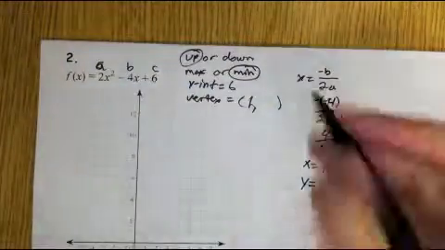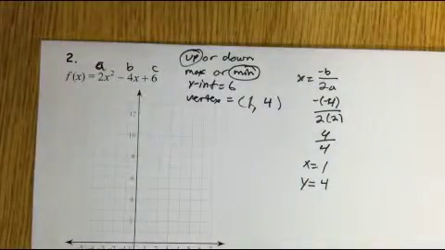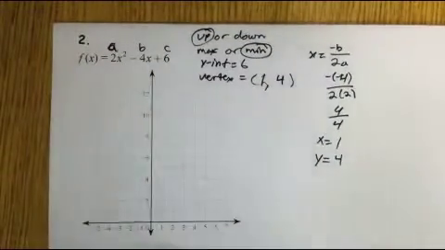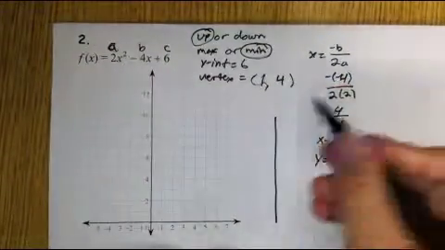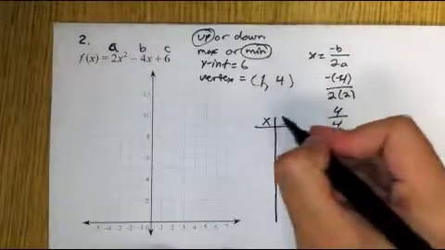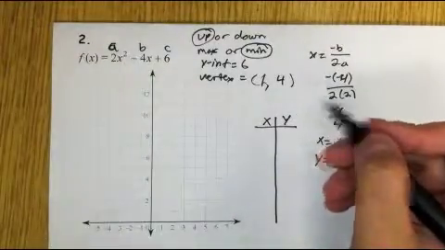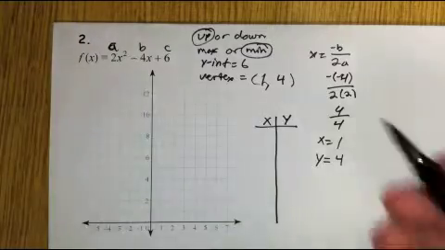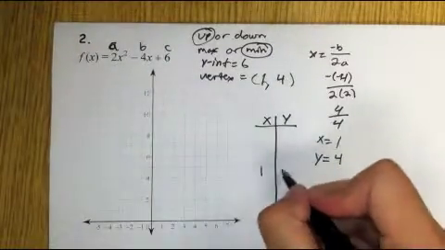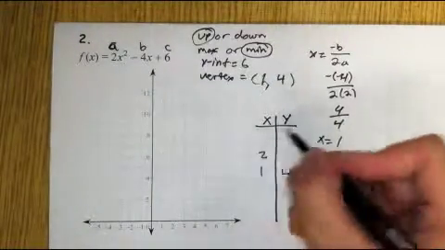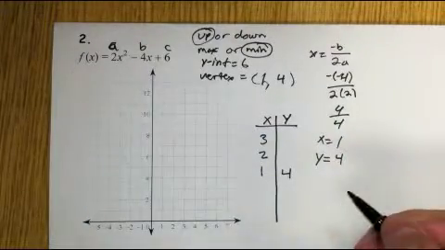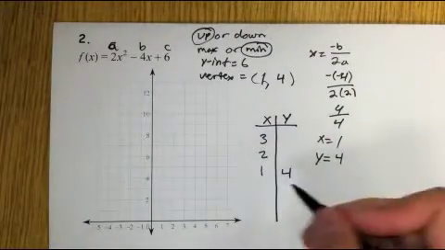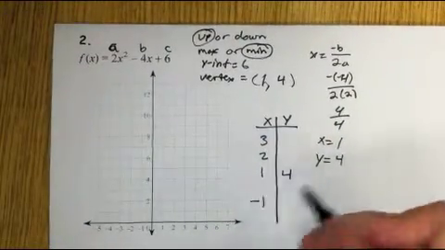Okay. And lastly, you should have done a table once again. This may differ between what you guys have had, what numbers you chose. I like to choose numbers right next to my vertex so I know that they fit on my graph. Okay, I put my vertex in, 2 numbers bigger, 2, 3, 2 numbers smaller, 0, which we already did, which is our y-intercept, and I'll just do -1.